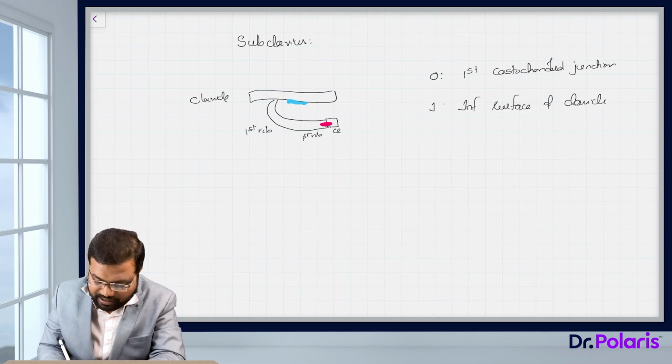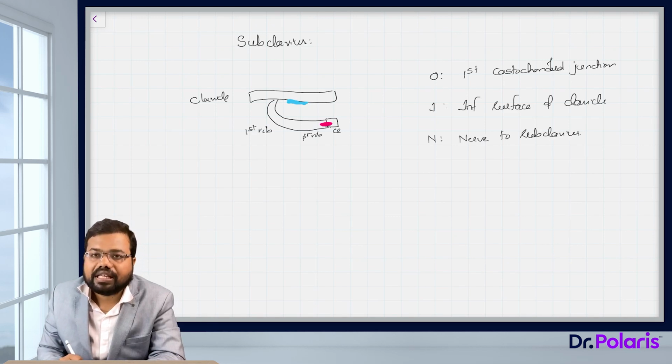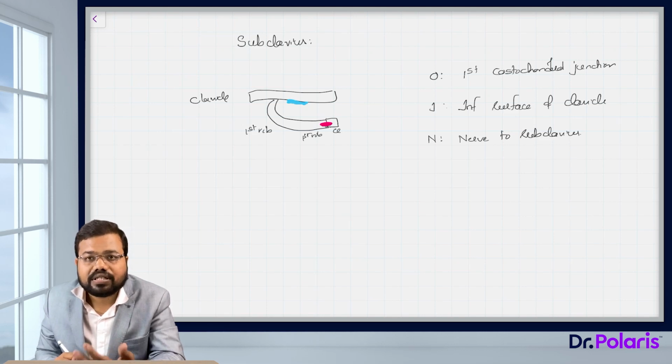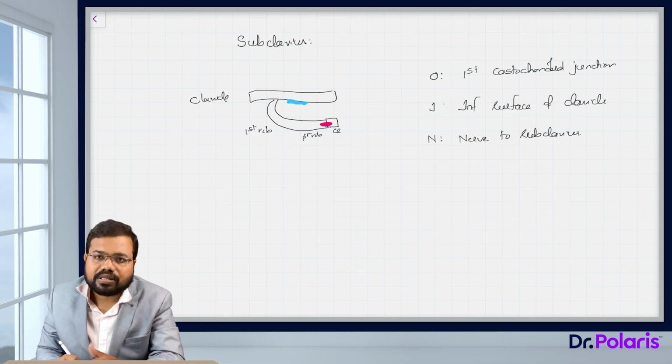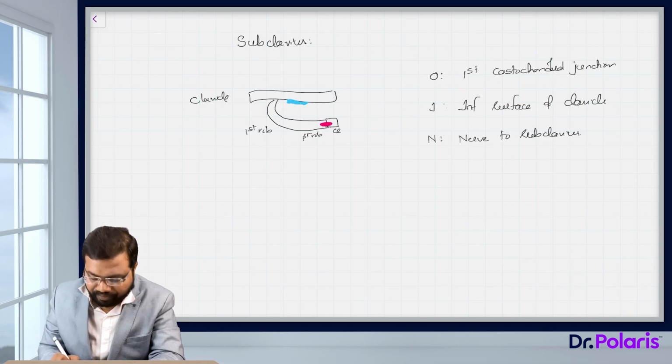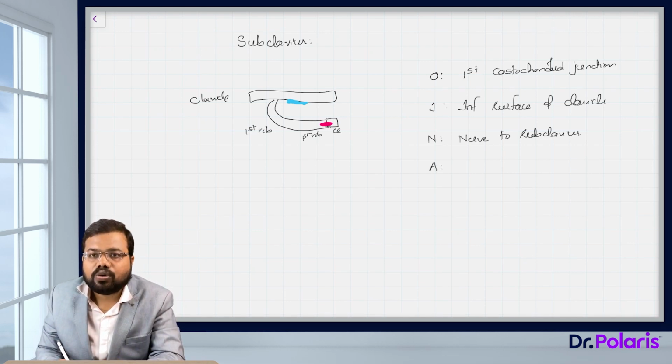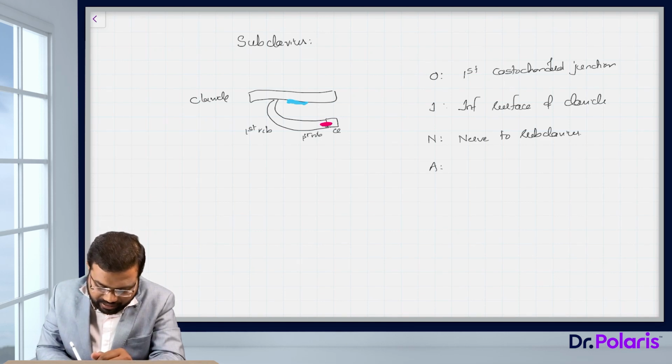What is its action? Its nerve supply is the nerve to subclavius, which is a branch of the upper trunk of the brachial plexus. Where the upper trunk comes from, we will discuss in the brachial plexus part of the axilla. The action is that it stabilizes the sternoclavicular joint. Between the sternum and the clavicle there is a joint.